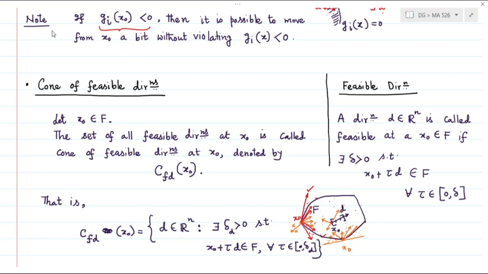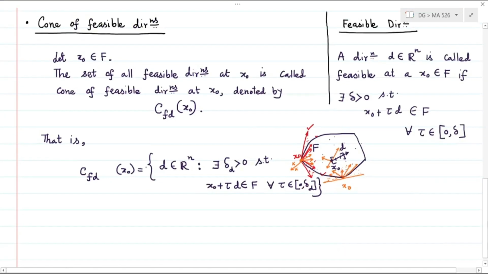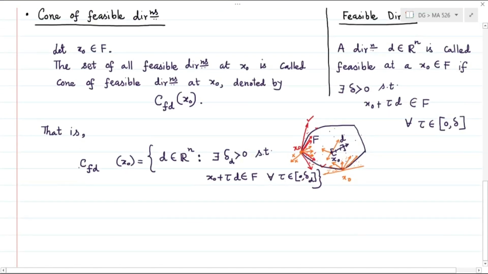Why is it called a cone? It is called a cone because you can easily prove that if d is a direction in CFD at the point x naught, then that will imply that for any lambda greater than 0, lambda d belongs to CFD at x naught.